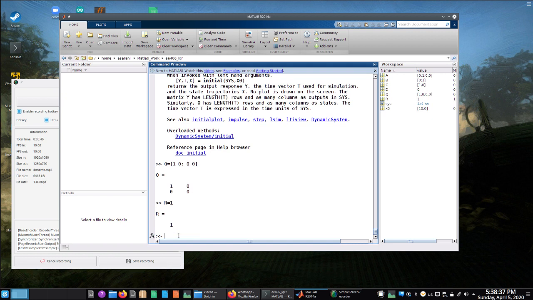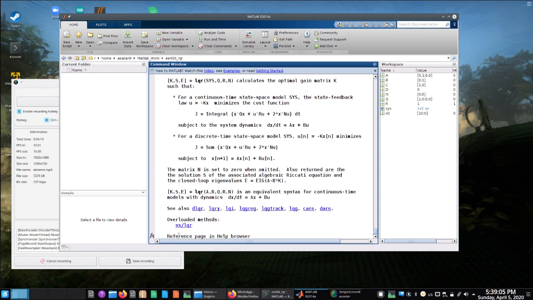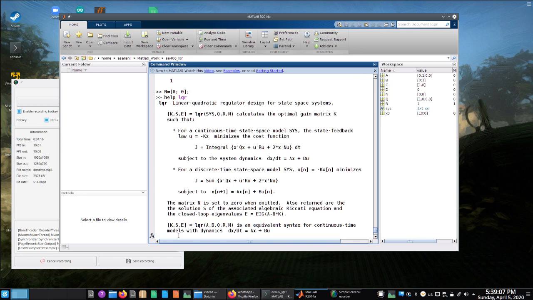And there is also another design parameter for the LQR function, but this one is not important for us. It corresponds to a cross term between the state and the input. So you can take a look at it, or we can take a look at it in a minute. So we will take this as 0 and 0. Okay, so if we look at the LQR function that we will use, and let me go to the top.